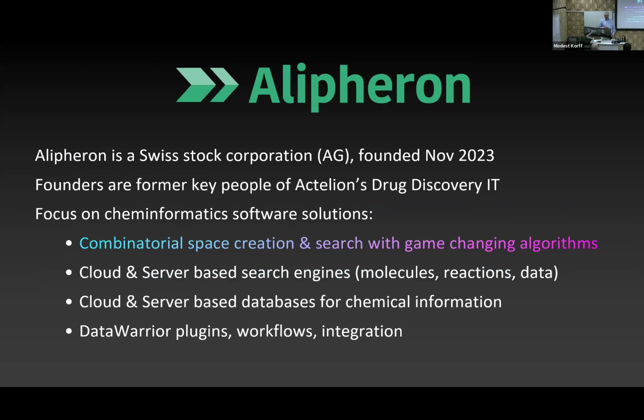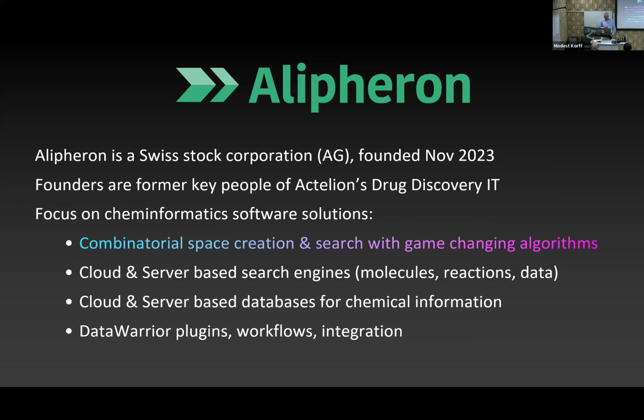Well, Alipheron, I think it's not very much known until now. It's because it was founded in last year, at the end of last year. It's a Swiss stock company. The founders, we are 6 people, are former key people of Actelion's drug discovery information technology. Actelion is maybe much more known because Actelion was one of the big successes in biotechnology in Europe.